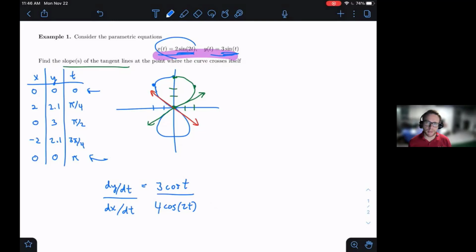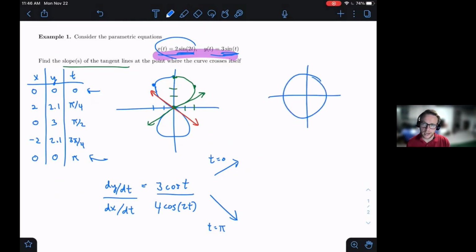Okay, now we're going to plug in our specific time values. So I'm just going to say at t equals 0 and at t equals pi. And so if I plug in t equals 0 into this, right, cosine of 0 is equal to 1. Again, I'm thinking about my unit circle here, and cosine is supposed to be the x values. How much do you move left or right?